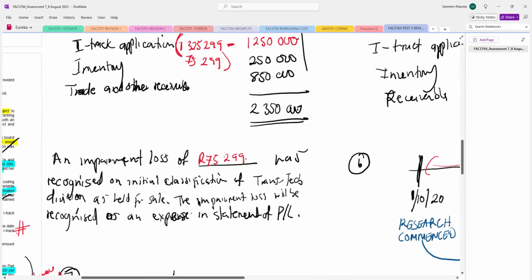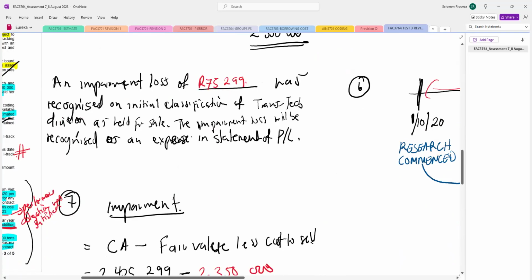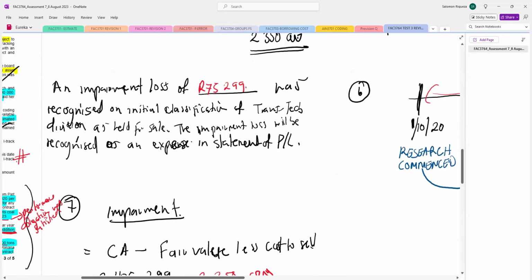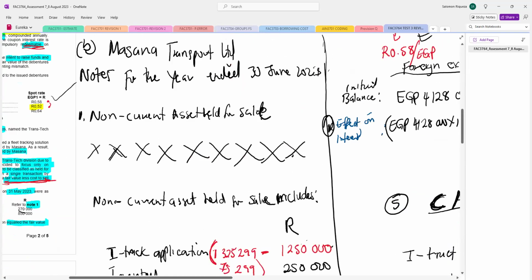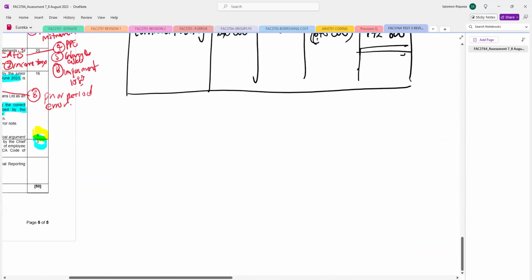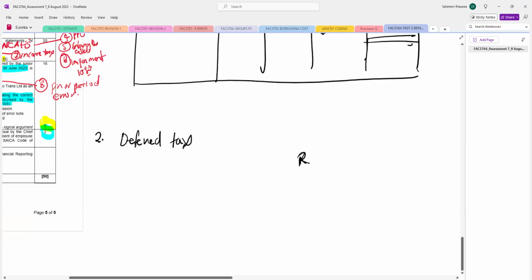Actually, my note was supposed to be somewhere closer here. I'll just put note number 2. I'll just continue. Note number 2, deferred tax. All right. So in my deferred tax, we have here our rent. Okay.